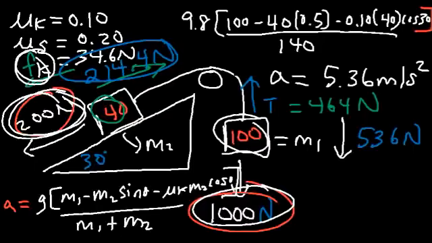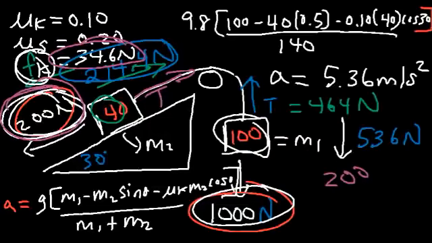So the tension force that pulls the 40 kilogram object up must be strong enough to overcome the 200 newton force plus the kinetic frictional force of 34.6, and it has to accelerate the 40 kilogram object up the incline by 214.4 newtons.